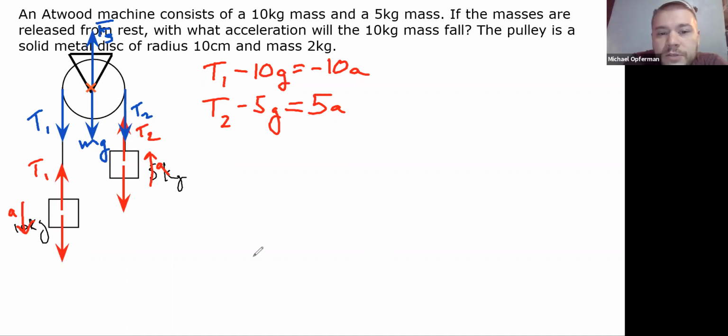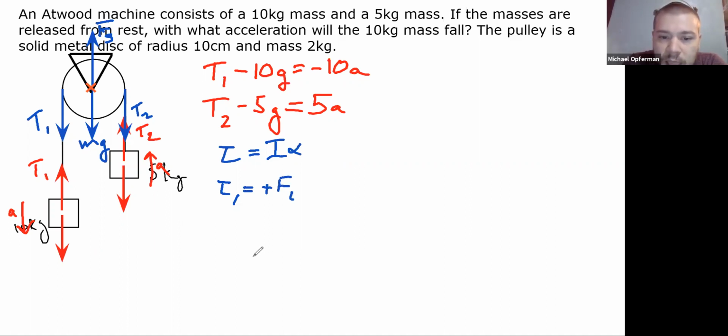So what I want to do here is have a tau equals I alpha equation for the pulley. So first the torques. We're going to have torque number 1 is equal to, first of all, tension number 1 is causing a counterclockwise rotation of the pulley. So this will be positive. Second of all, I want to use F_T L to generate this torque.